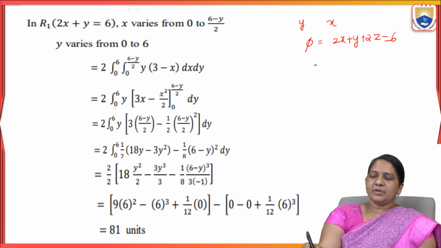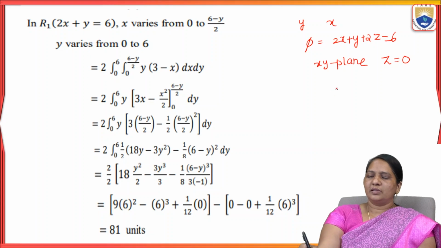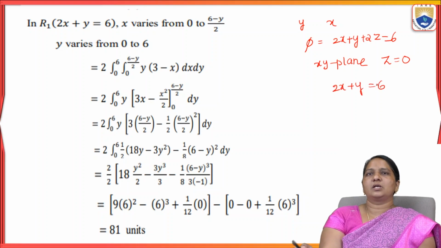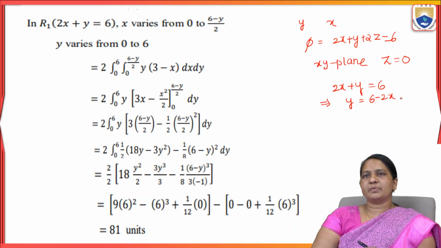Here I am considering the xy plane, right? On the xy plane, what is the z value? z is 0. Then 2x + y = 6. From this I am going to write the y limits first: y = 6 − 2x.